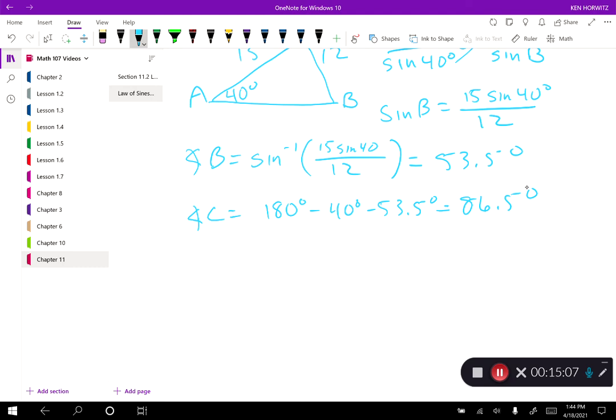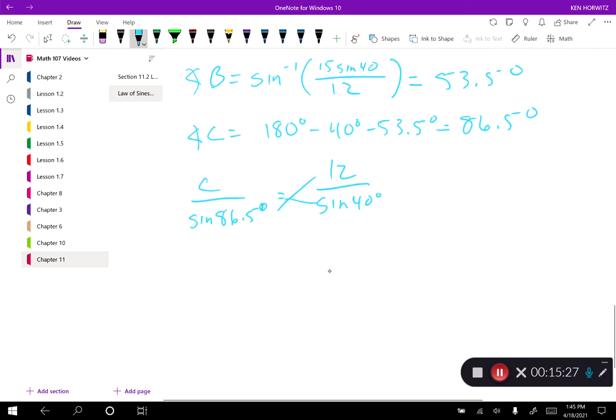Now we're going to look for side C. So I have C over the sine of 86.5 degrees equals 12 over sine 40 degrees. Why don't we cross multiply and divide?